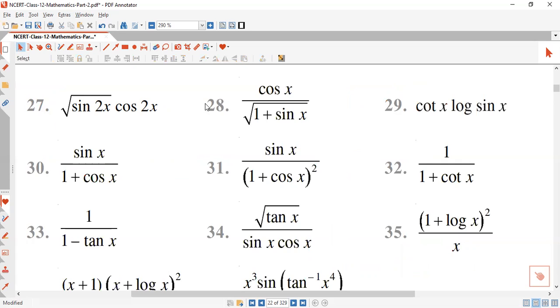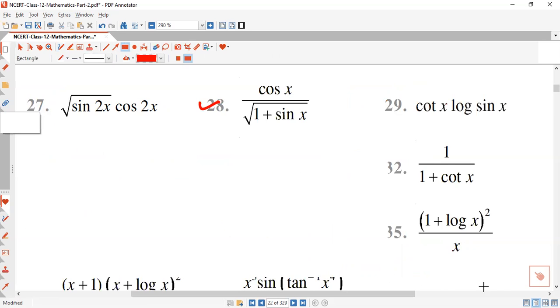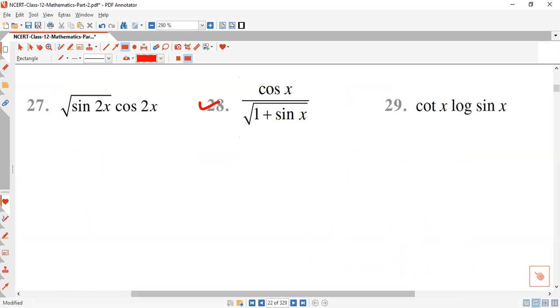In question number 28, cos x divided by under root 1 plus sin x. Again, when we are doing this integration, you see this trigonometric function is given inside the radical sign. So this is a catch.